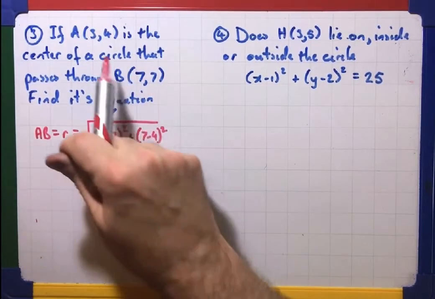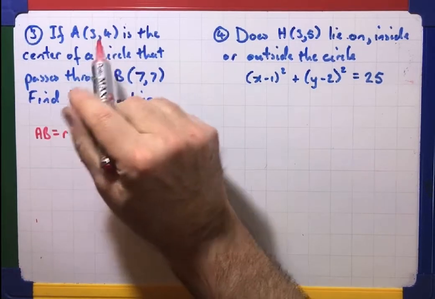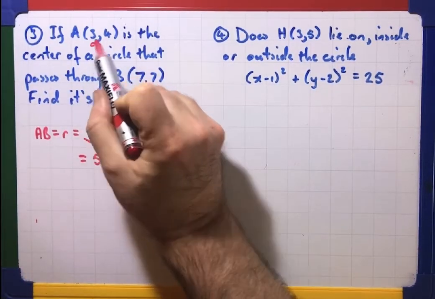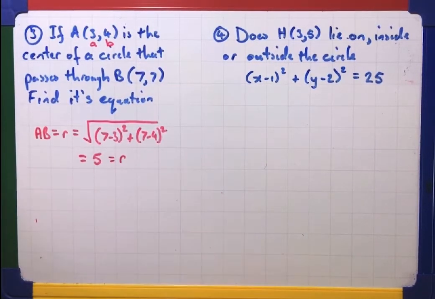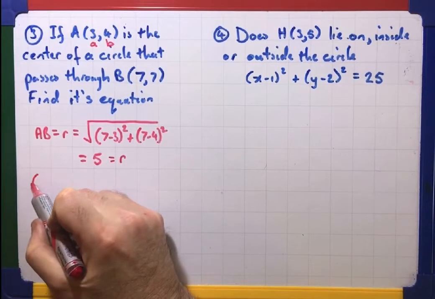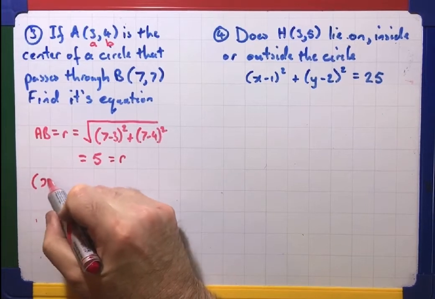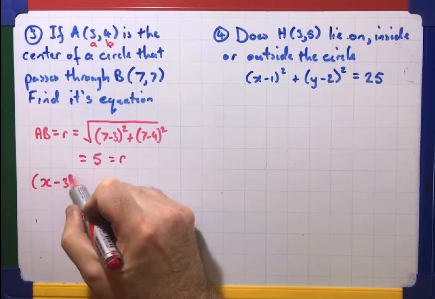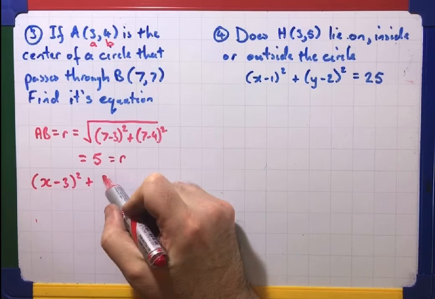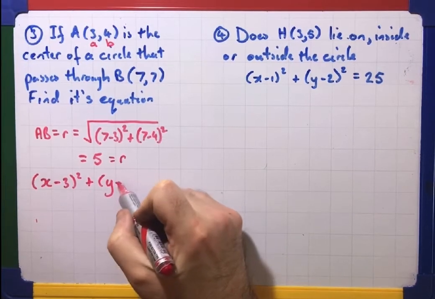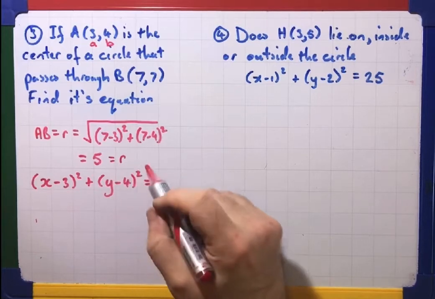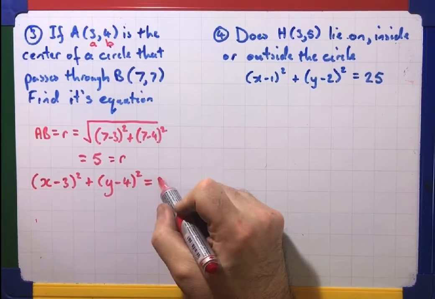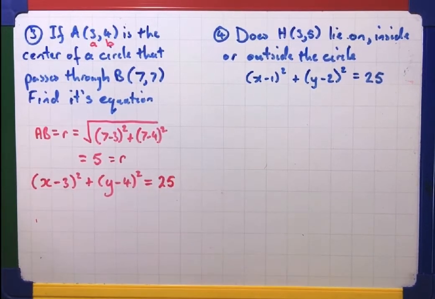So now we know its centre, and we've just worked out what r is. Using our equation, (x − 3)² + (y − 4)² = r². Well, if r is 5, r² is 25.